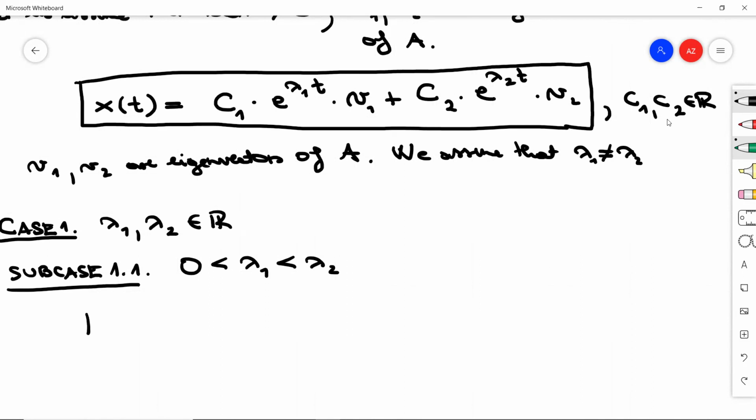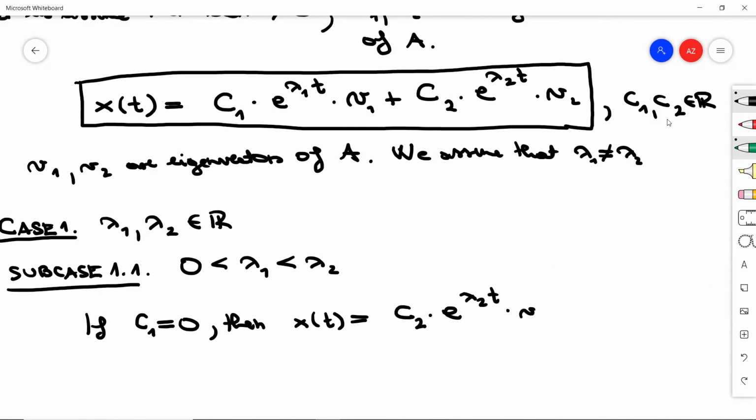If C1 is 0, then the solution x(t) is C2 times e to the power of lambda 2t times V2. So this solution is in the direction of the eigenvector V2.